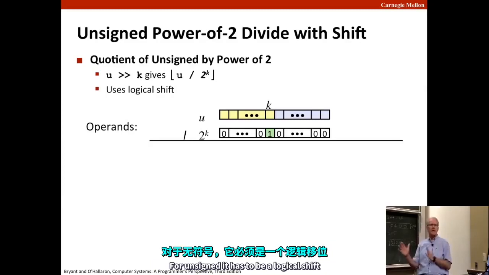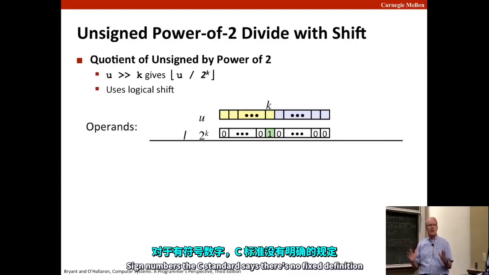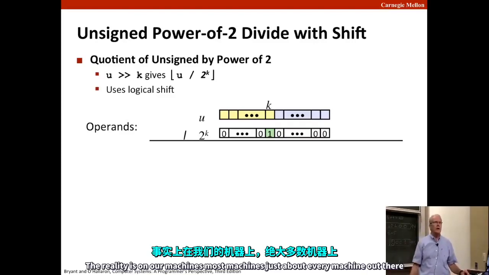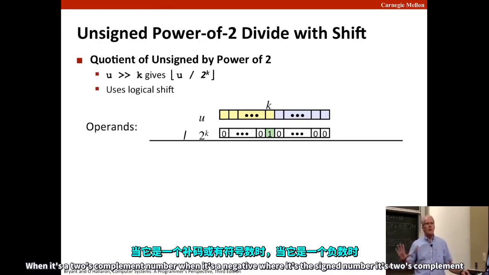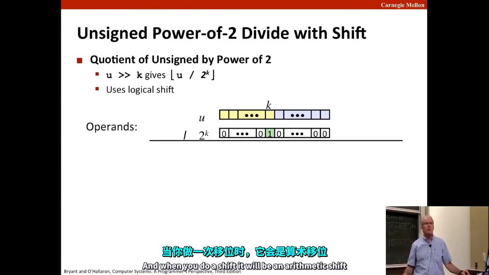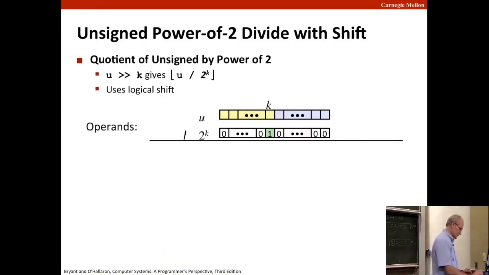For unsigned, it has to be a logical shift. Signed numbers, the C standard says there's no fixed definition. The reality is on our machines, just about every machine out there, when it's a signed number, it's 2's complement. And when you do a shift, it will be an arithmetic shift.